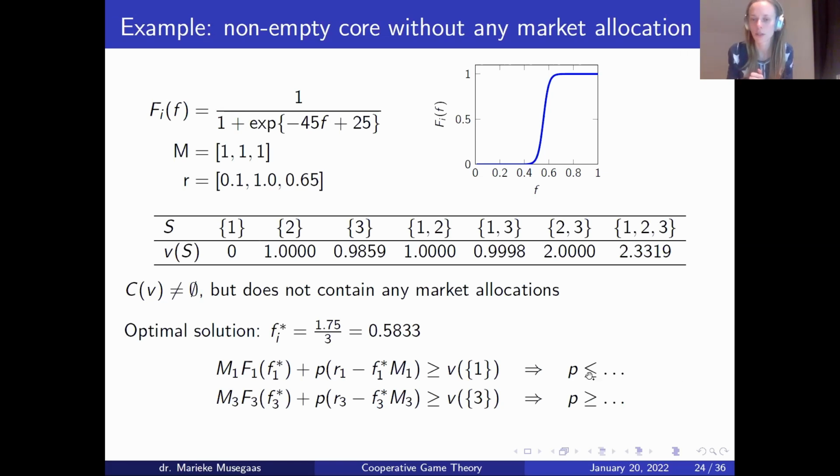And if this upper bound is lower than this lower bound, so they want to pay at most 3 euros and they want to have at least 4 euros, this is not possible. And thus we cannot find a market allocation. So in this example, this is how you show that there is no market allocation for this specific game.